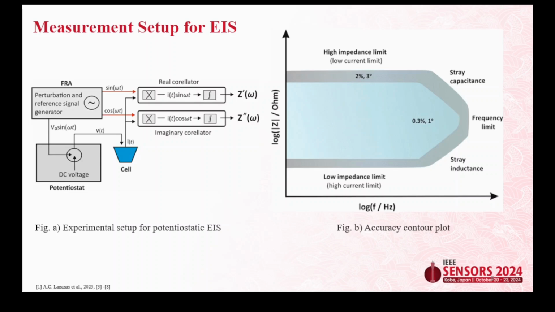So this is the basic setup for a frequency response analyzer, but there will be a case that you will be using some other instrument from some other vendor, and I'll be using some other instrument. So when we talk about comparing our response for a measurement setup while keeping everything constant, it is then we can compare our response based upon the accuracy contour plot.